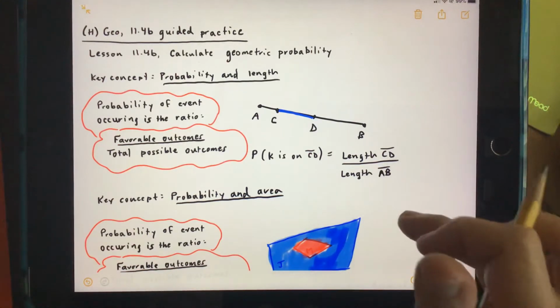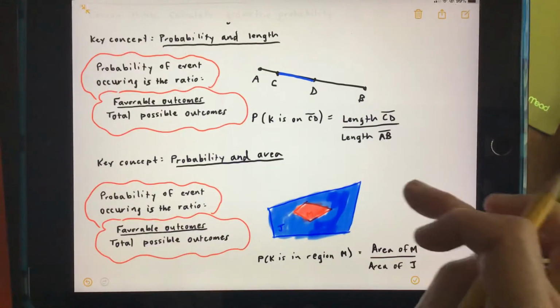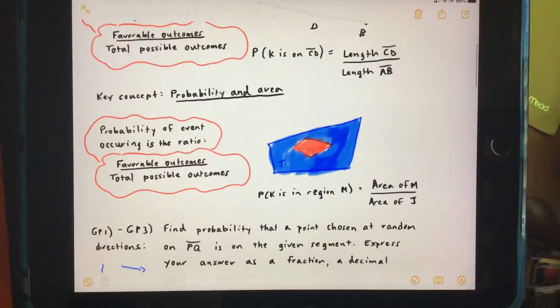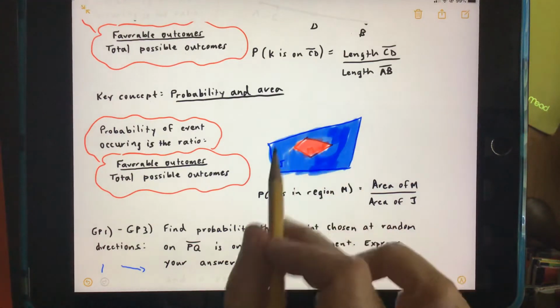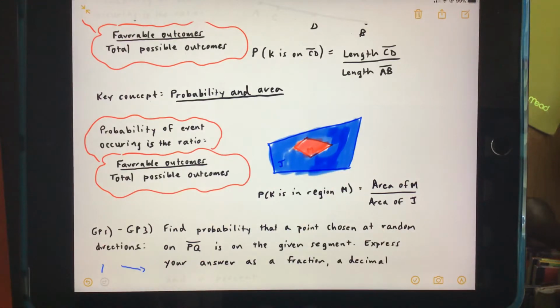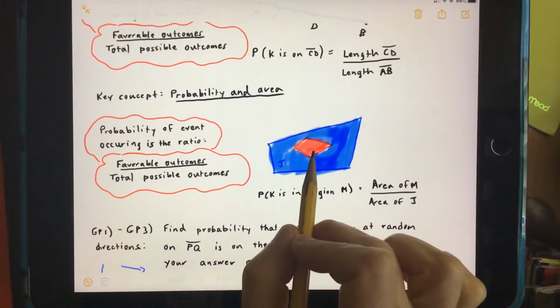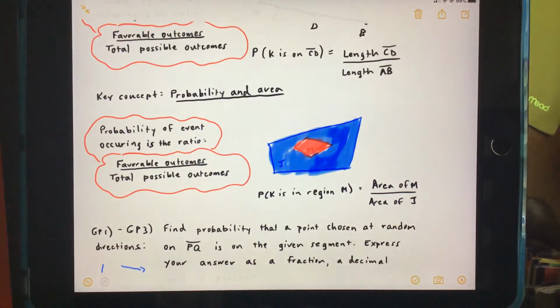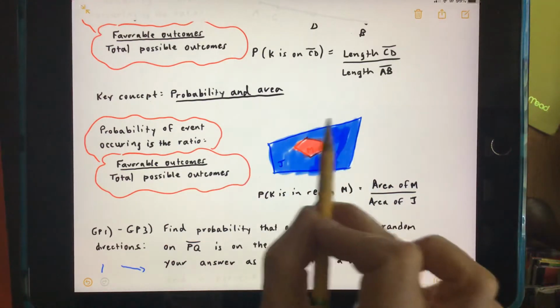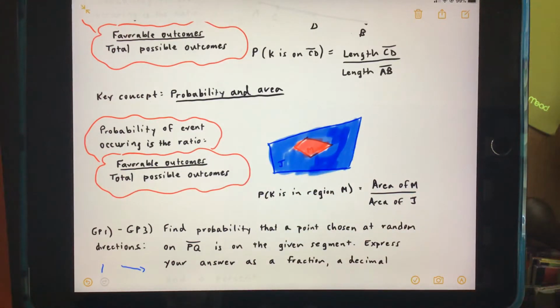What about if we're dealing with areas rather than just segments on a number line? Well, again, the probability concept is the same. The probability of an event occurring is the ratio of favorable outcomes, where you want it to be, over total possible outcomes, where it could be. In the case of this diagram, what's the chance that a random point is selected that happens to fall in this red section labeled M, when a random point could be picked anywhere out of this entire figure, all of the blue area and the red area together?